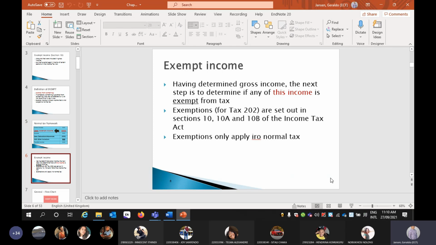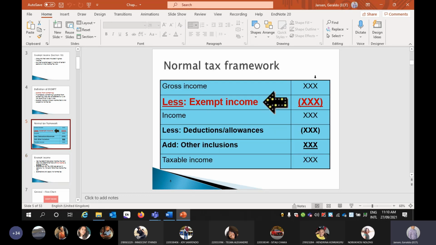So exempt income. When you determine gross income, the next step is to see whether there are any amounts included in gross income that should now be exempted, that should now be deducted, that should now be taken out.